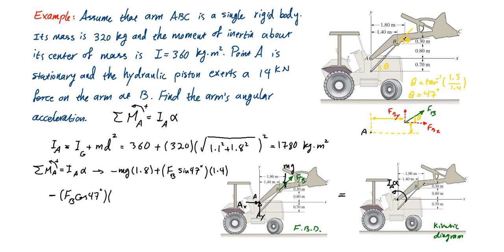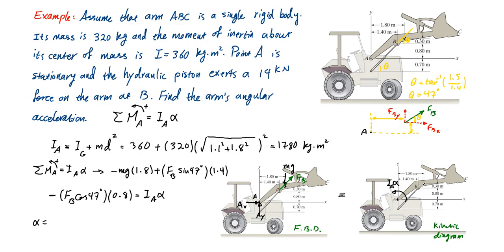What is the distance? Let's take a look. The X component would be in this direction. The distance it has from point A is 0.8 meter. So there goes 0.8 meter, and the whole thing would be equal to IA alpha. From there you can find alpha. We know everything we want.